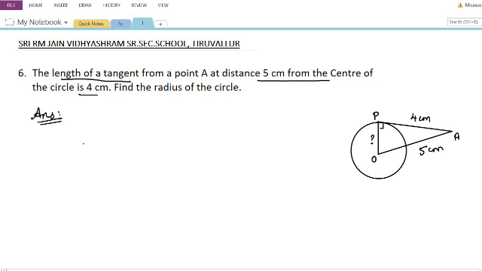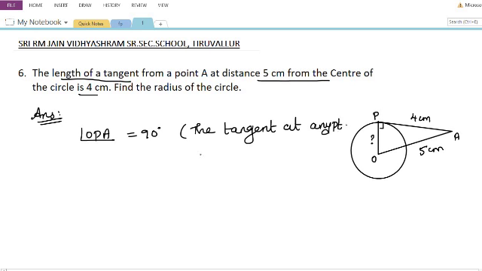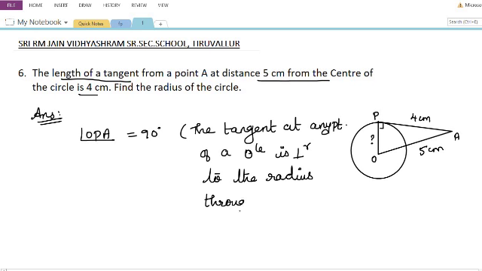Answer. Angle OPA equals 90 degrees. Why is this equal to 90 degrees? Because by theorem 10.1, the tangent at any point of a circle is perpendicular to the radius through the point of contact.